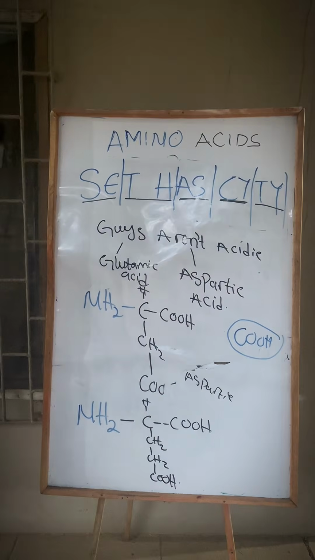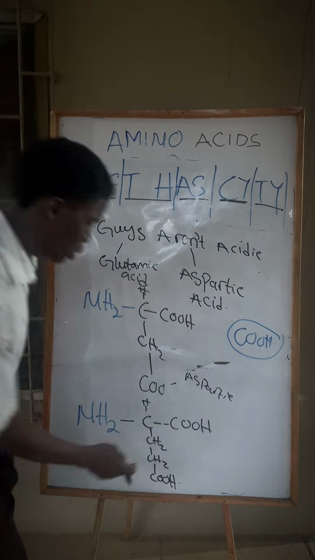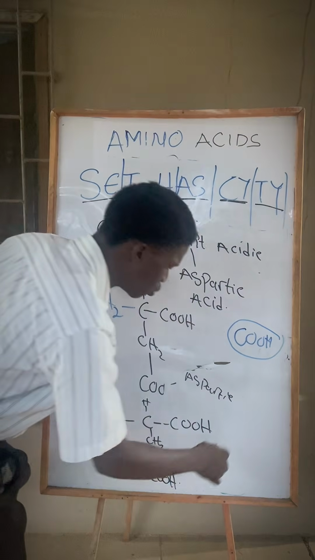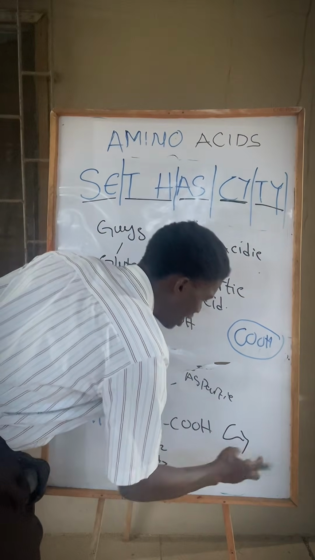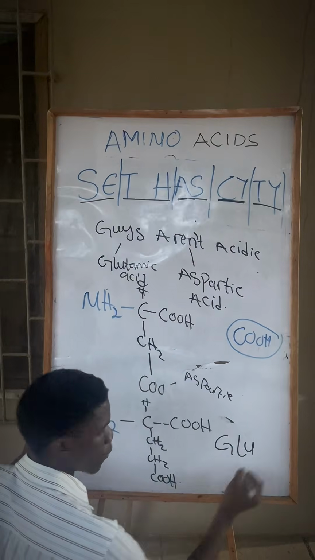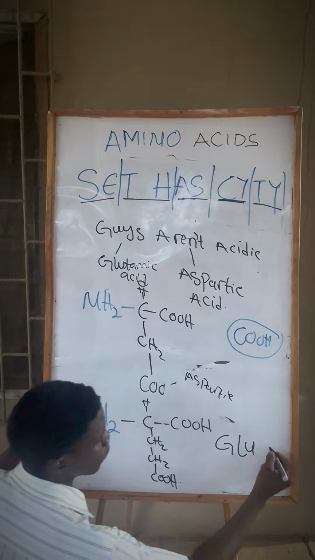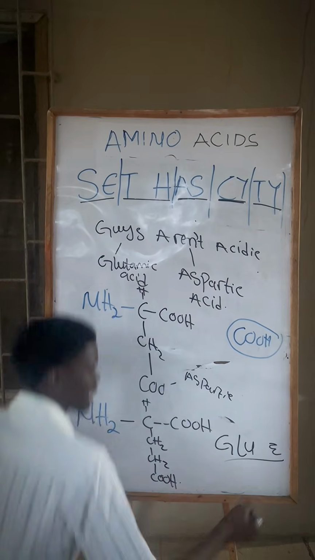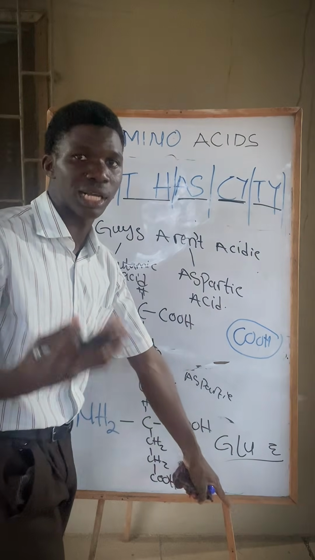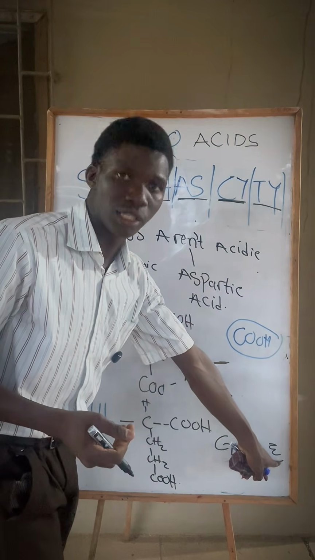Let me just give you a clear representation. The letter code for glutamic acid is GLU for the 3-letter code and E for the 1-letter code. Joining them together gives you a glue. So GLU is the 3-letter code and E is the 1-letter code.